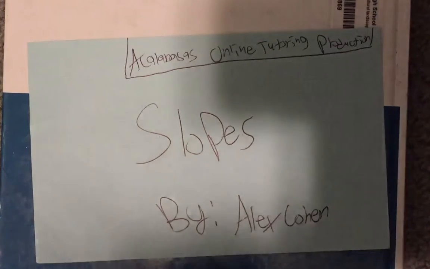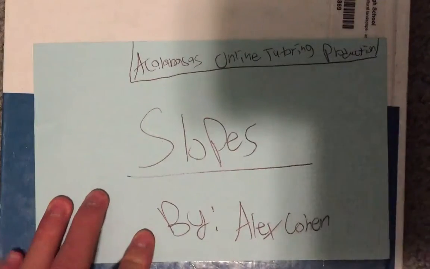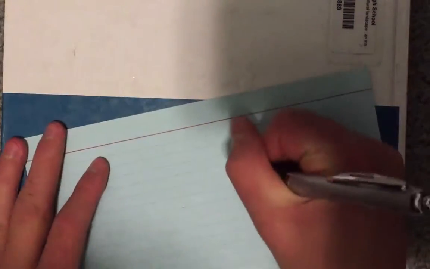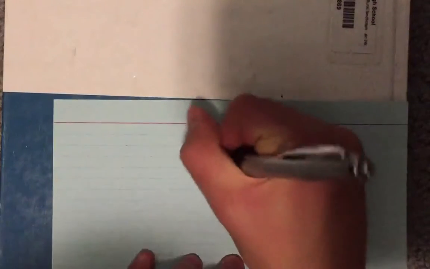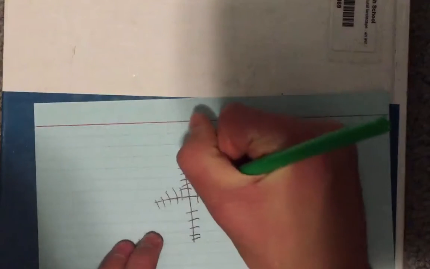Alright, so today's topic will be about slopes. What that means is we already learned about how to find the slope of a line. Let me just draw it out. Different color.